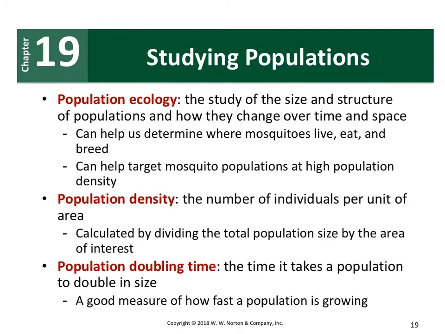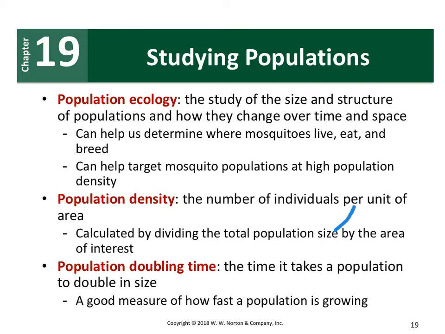So population ecology is a study. Population density is the number of individuals per unit area, whatever that is. You can define it yourself. Usually it's a square kilometer, square mile, or it could be square meter.